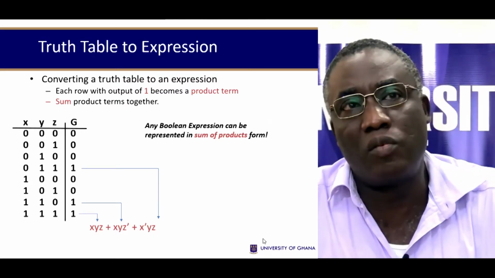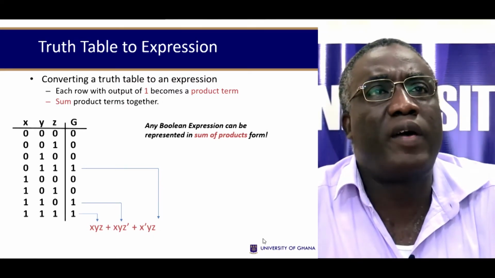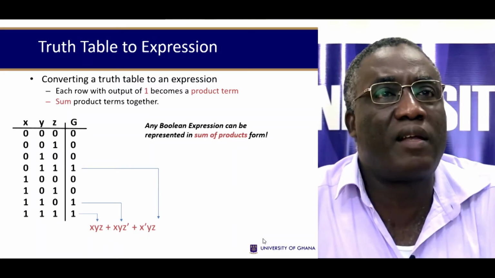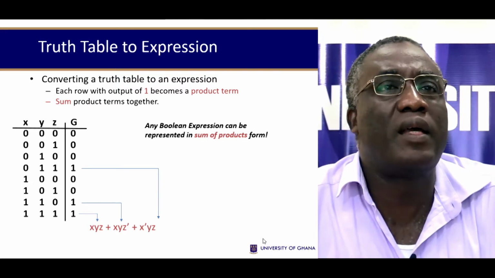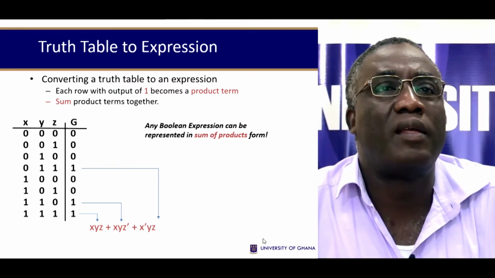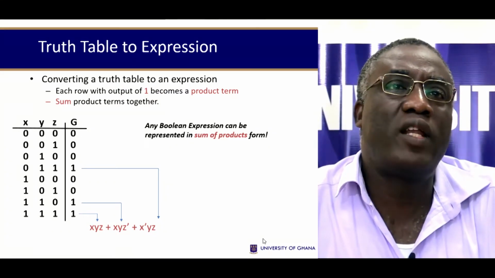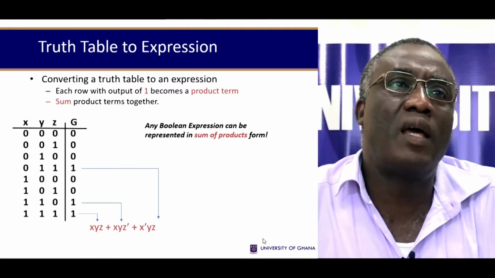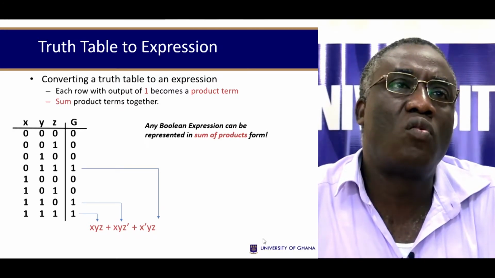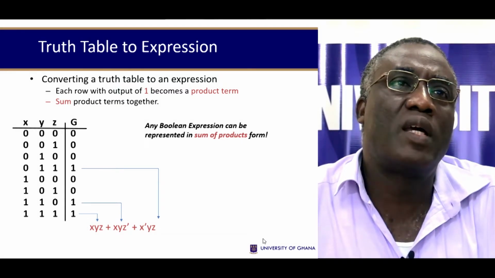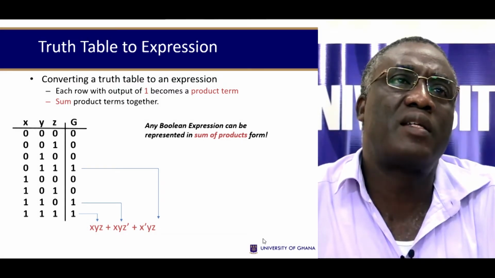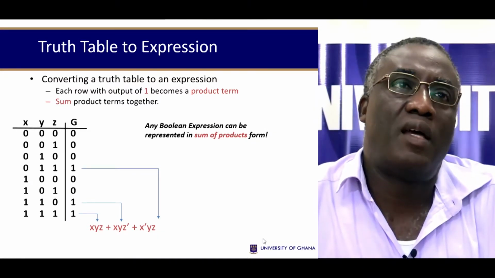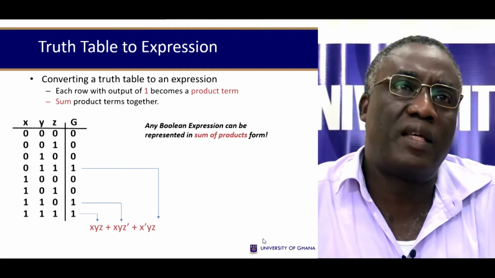Given the truth table, the thing is to identify when the outputs are 1. So you can sort of circle them. This output is 1 here, it's 1 there, it's 1 there. And then you write the Boolean expression for this. So you get a 1 when x is 0, y, so you get not x and y and z.